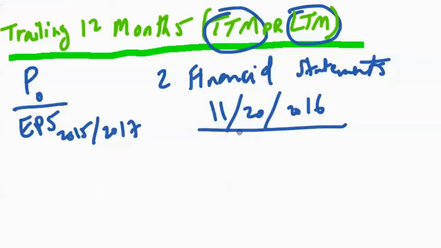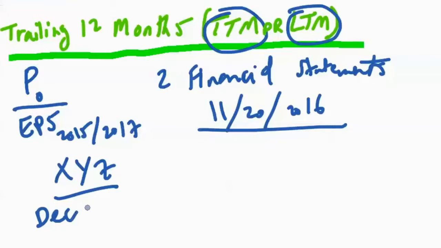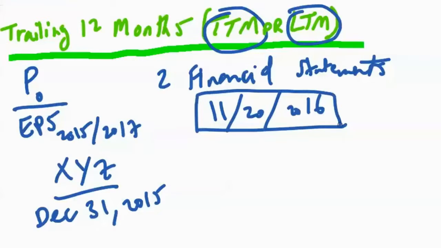Let's say today is November 20th, 2016, and you want to calculate the trailing 12 months for a company called XYZ. So the last financial statements, since today is the 20th of November, is actually the last fiscal year was December 31st for 2015.